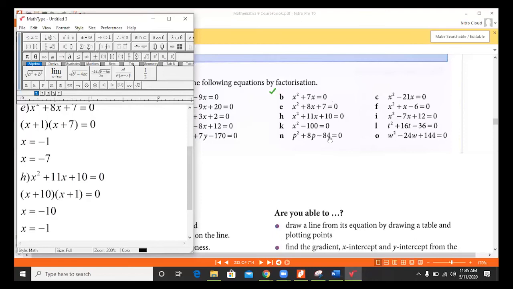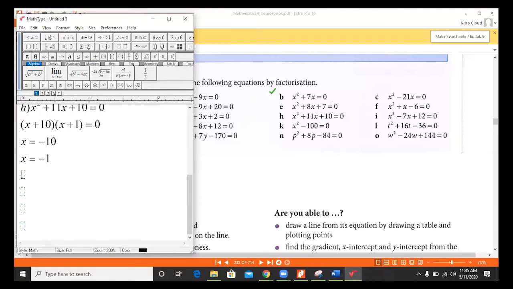Let's go to Livia. This is K. Okay, x squared minus 100 is 0. So it is x times x minus 100 in brackets, which will be equal to 0. One more time. Can you repeat? So it will be x times x minus 100 is equal to 0.